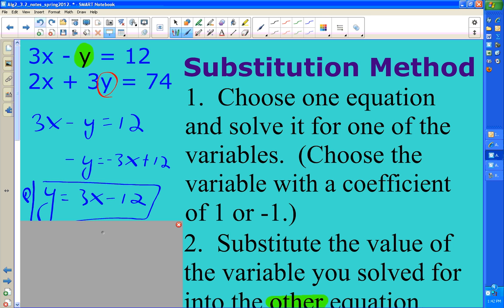Every time you substitute, whatever you're substituting, put it in parentheses, just as a matter of fact, and you'll never screw up the distributing. When you don't put it in parentheses, you forget to distribute.